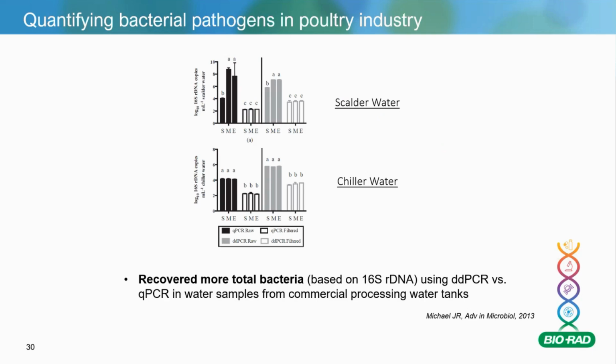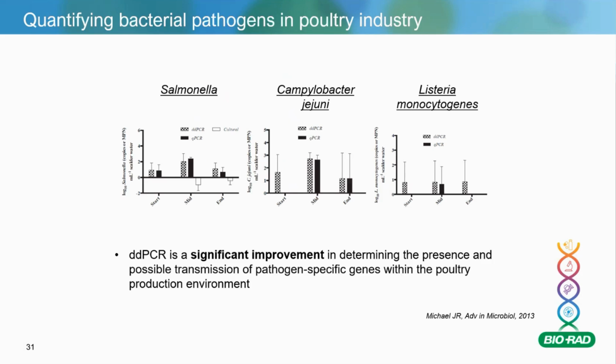So as you can see here in their results, ddPCR yielded a more precise and sensitive quantification of bacterial ribosomal RNA in different types of samples. And you can see the SME, which was the start, the middle, and the end of the day when they sampled these samples as well. And you can see how in these results, the ddPCR showed a significant improvement for quantification and sensitivity.